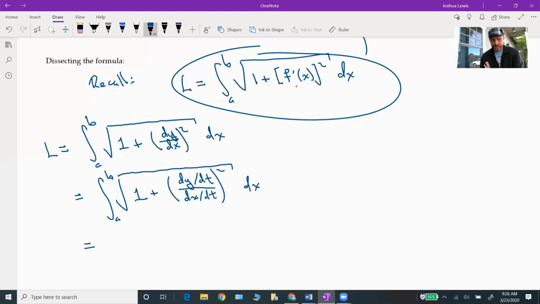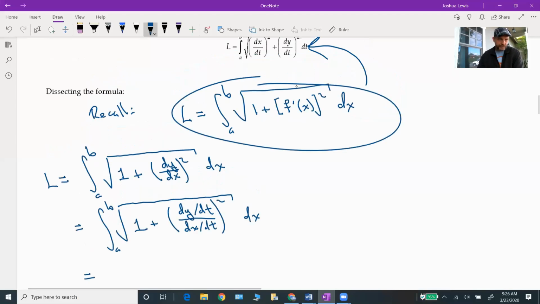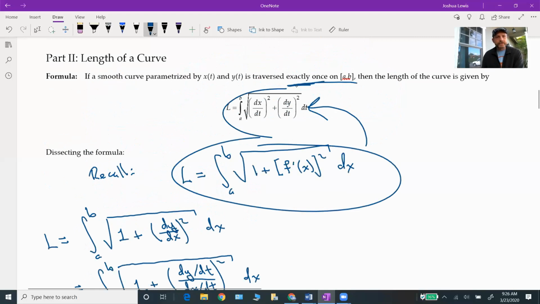Well, I want you to pause the video for a moment and just spend some time playing with this expression under the radical and see if you can get what we want out of this, okay? And again, it doesn't have to be a long time, but please do pause the video and, even if it's just on scratch paper, play with it a little bit and see where it takes you.